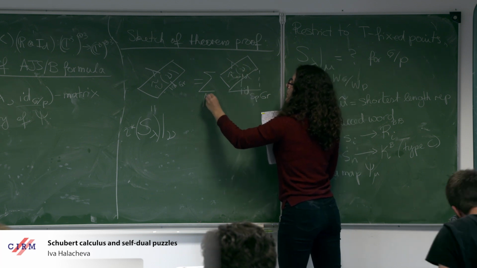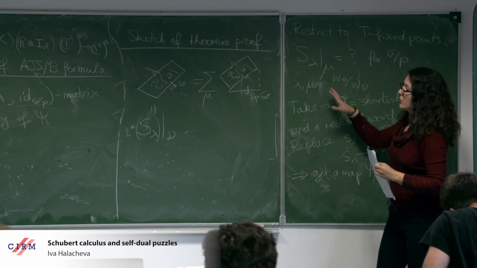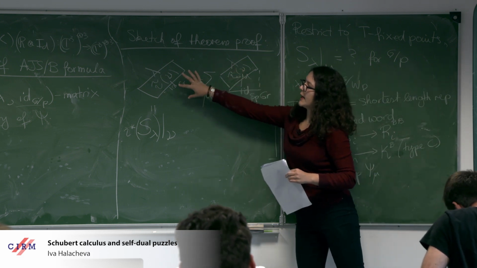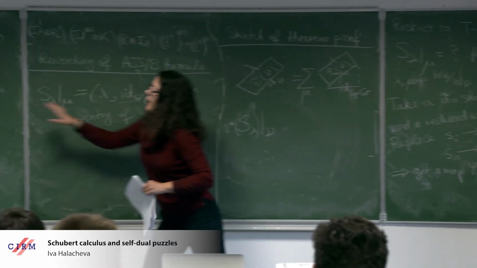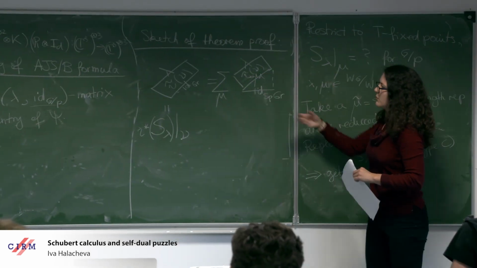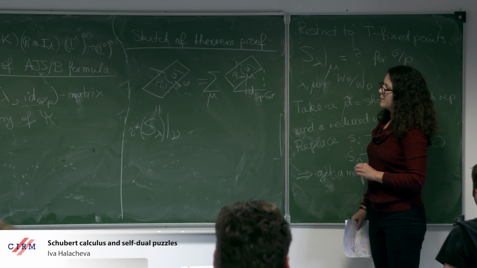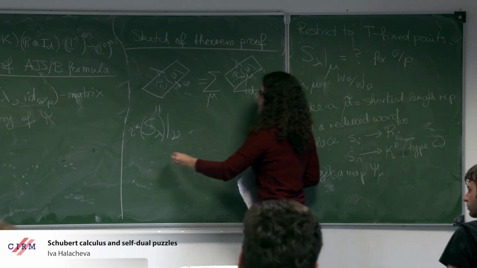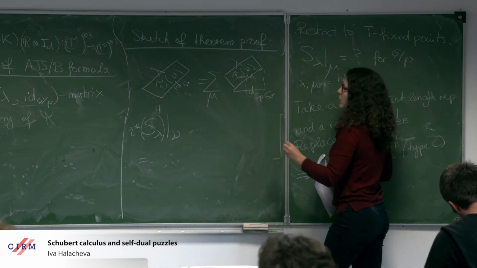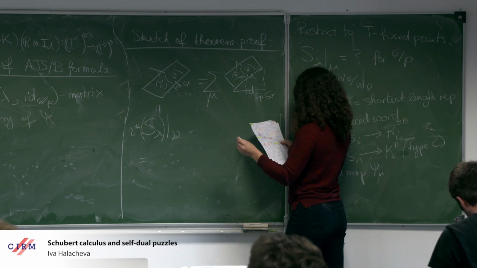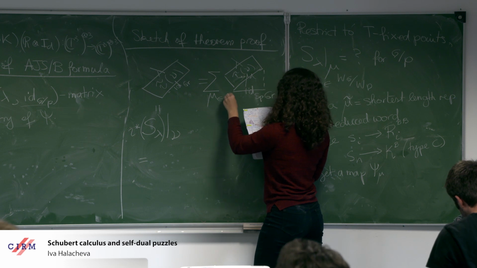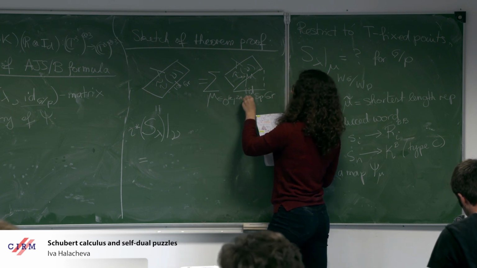Sorry, this is all short notation for the scattering diagram maps that are going either as described here or as described in the half puzzles. And so this is equal to, here we're summing over mu in 0 to the k, 1 to the 2n minus k.